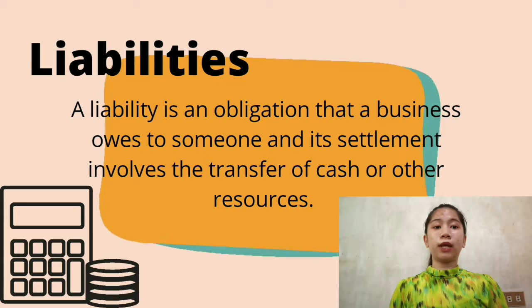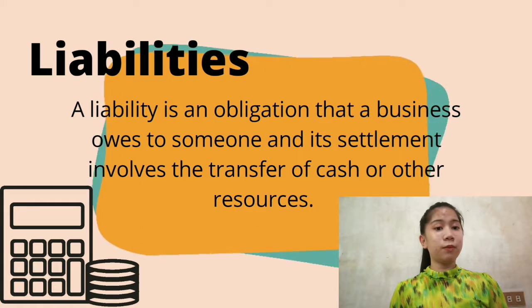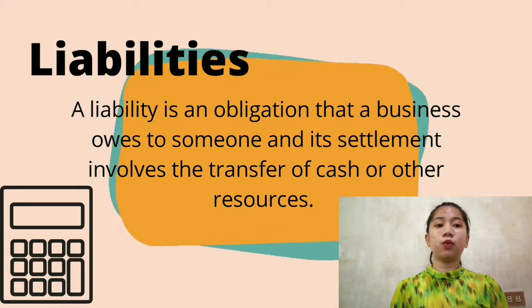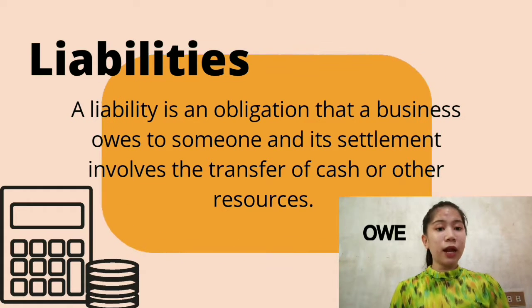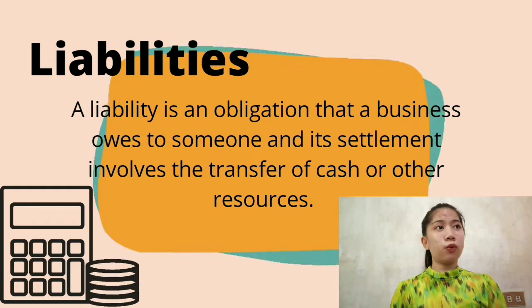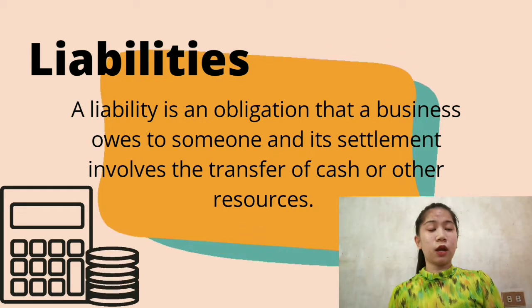Now let's move on to the liabilities. When we say liabilities, we must also remember one word, and this is the word owes. A liability is something that a company owes to another entity.